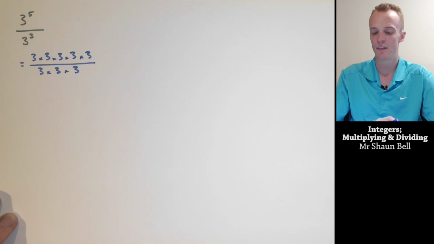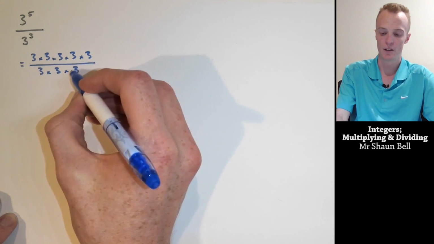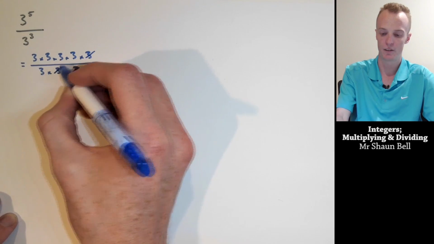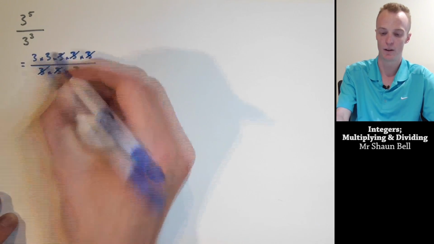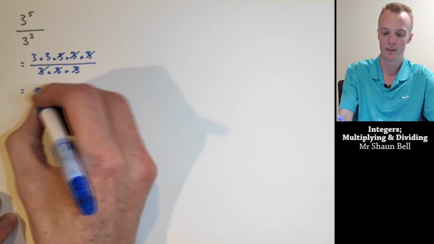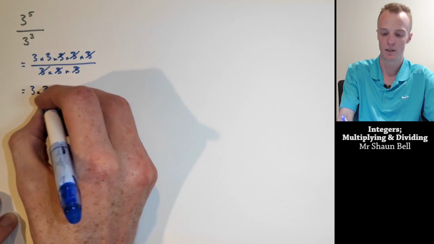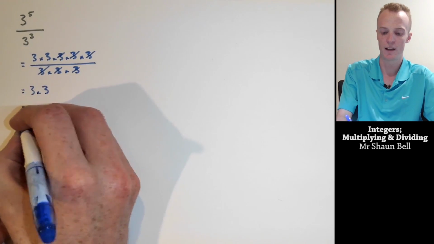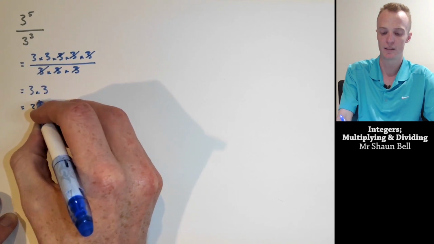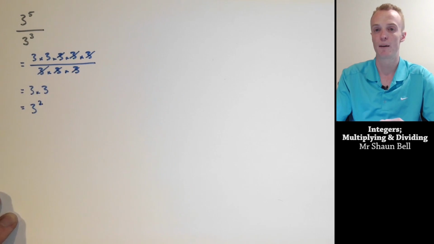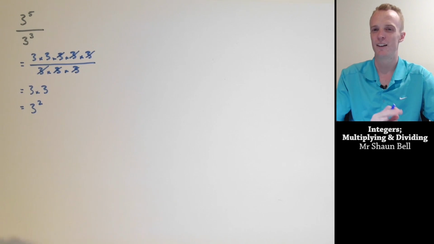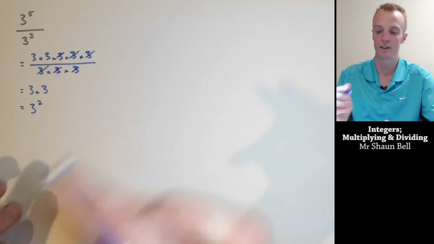Now we've written it out like this, we can instantly see we can start cancelling out. So let's cancel those two out, those two out, those two out. And what we're left with is 3 times 3, which can be written as 3 as our base and 2 as the second power.